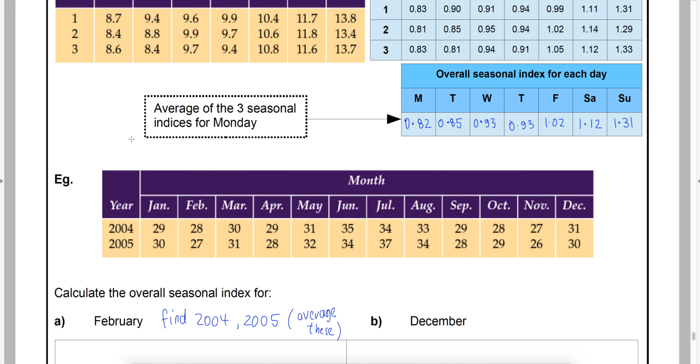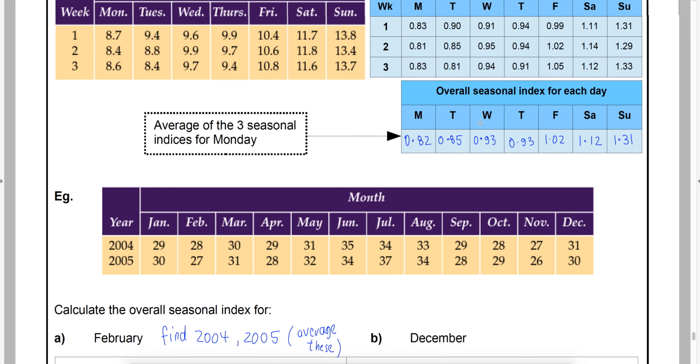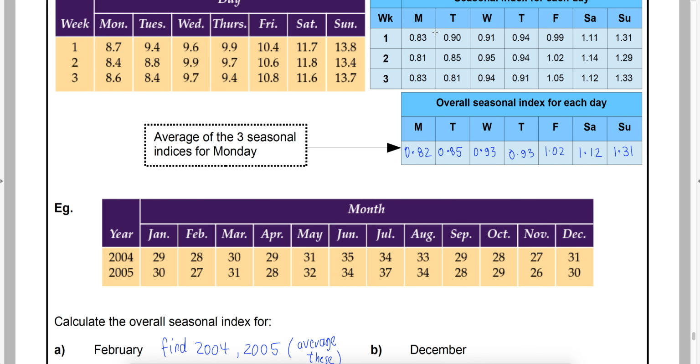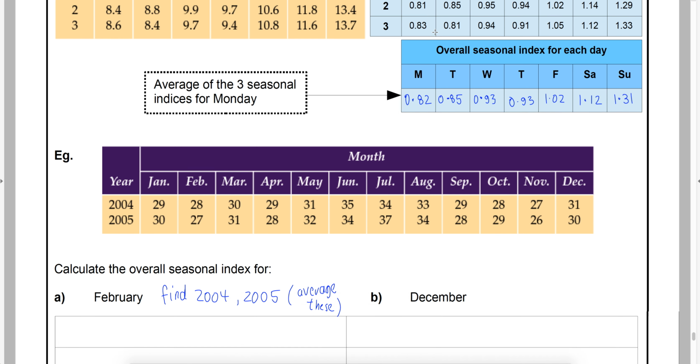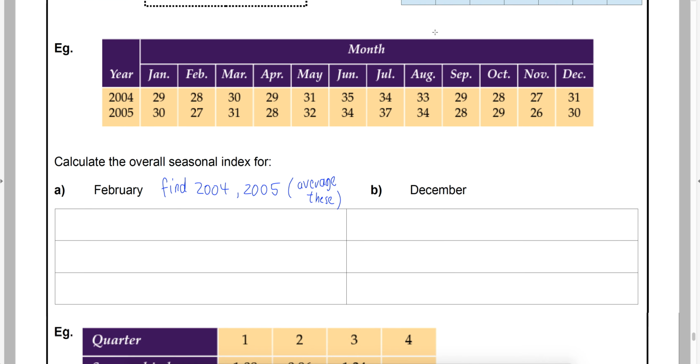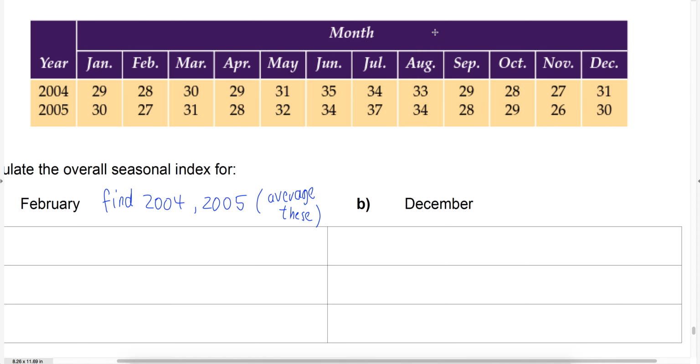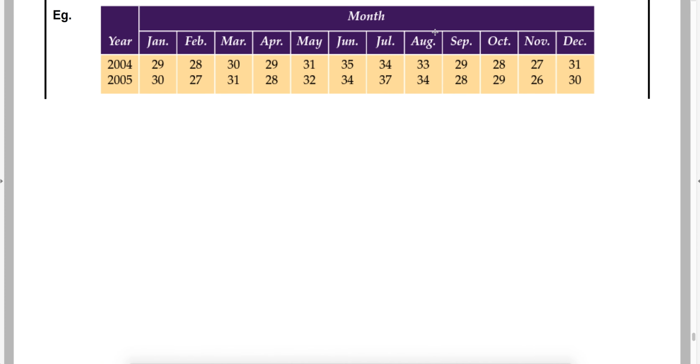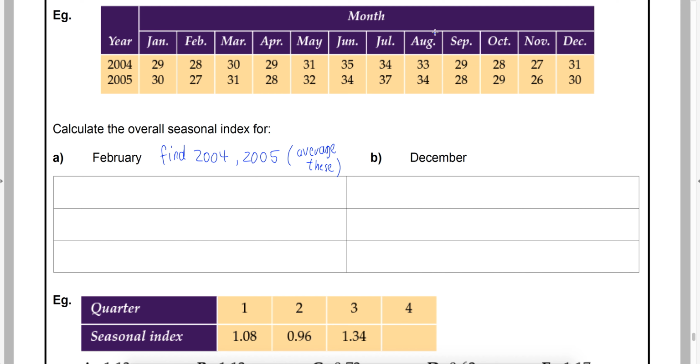We're going to have a go just calculating an overall seasonal index. So that's where I've done it for the overall for the 3 weeks, but we've got some different data here. This is monthly data down here. So you might like to pause it and have a go yourself and then check back or skip ahead and do it. Otherwise, you'll follow along with me.